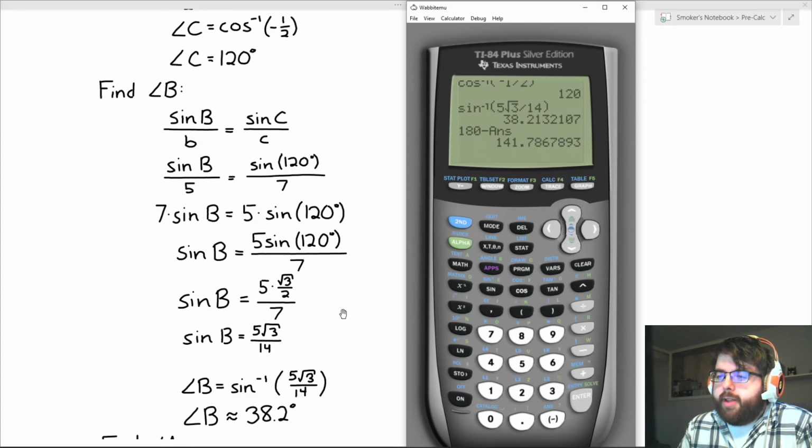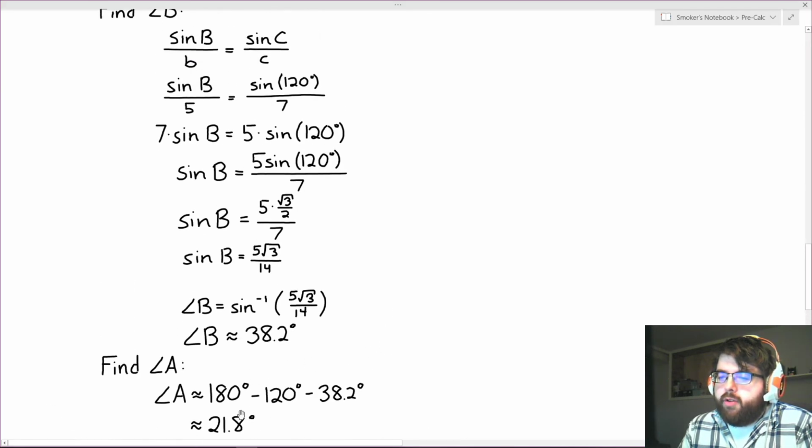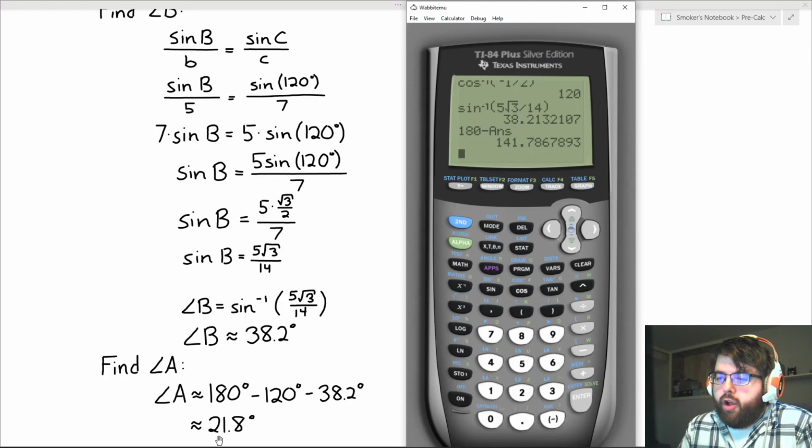If I had done the smallest angle first, which you can find by taking 180 minus the other two, see, if I had done law of cosines on the smallest angle, which you could do, it's not like you can't do that, I'd have 21.8, and that's the only angle I know. And if I do 180 minus that, it's feasible that 158.2 is also a solution. Well, no, actually, that wouldn't be feasible, because the law of cosines would only give you one answer.